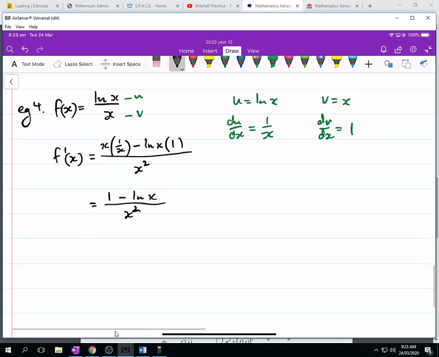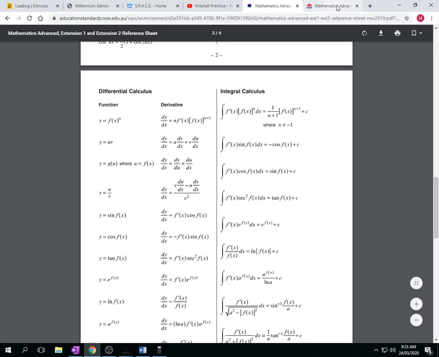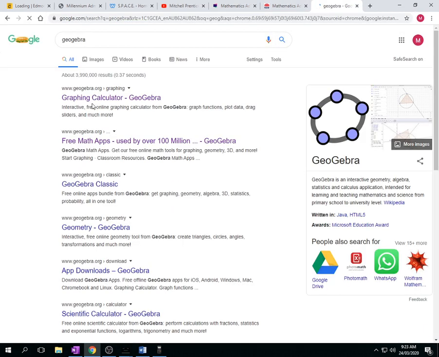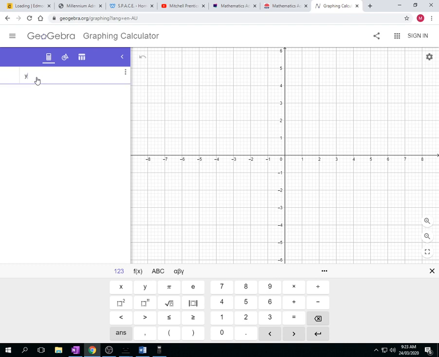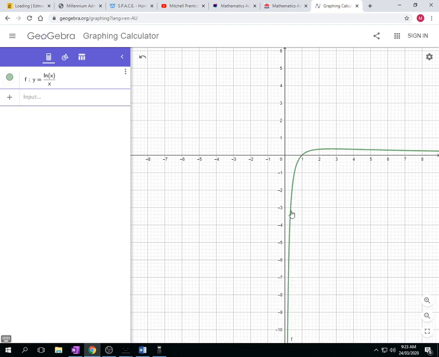And if I then put this on GeoGebra, let me go to GeoGebra, we can actually graph what that looks like and test to see if these gradients are true. So I'll just put y is equal to ln of x over x. So this is what the graph looks like.